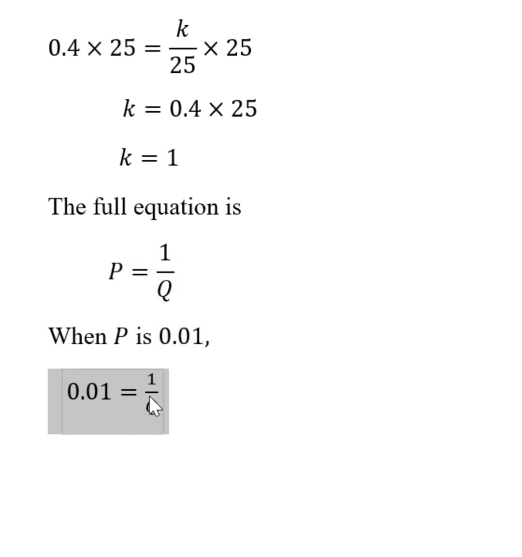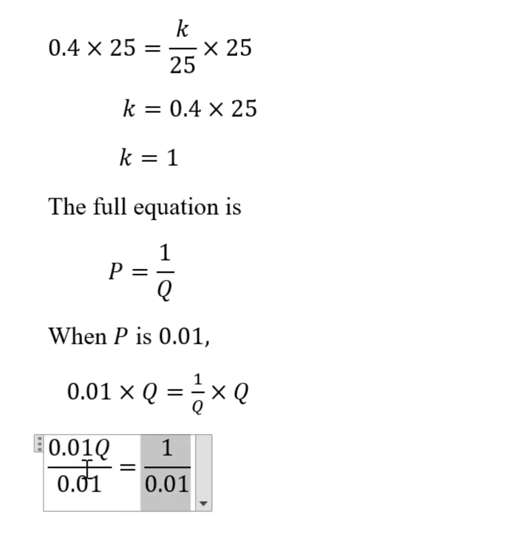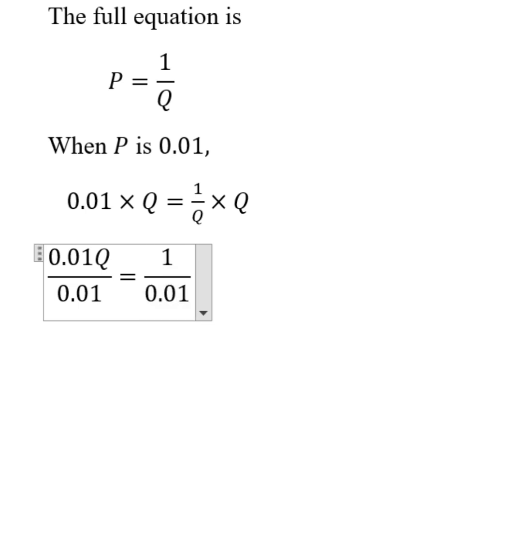Now, let's multiply both sides by q. This q and this one cancel. So we shall have 0.01 q being equal to 1. And for us to get q, divide both sides by the coefficient of q, which is 0.01. And when you do that, you get q is equal to 100.